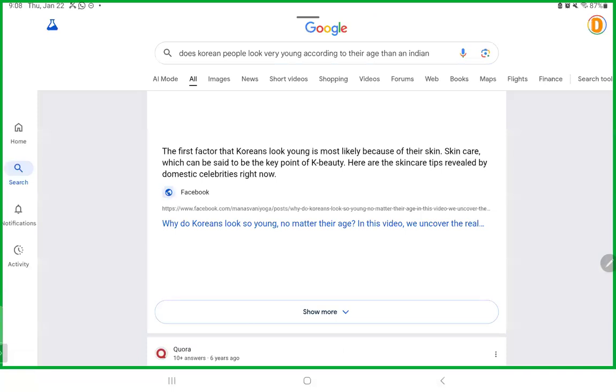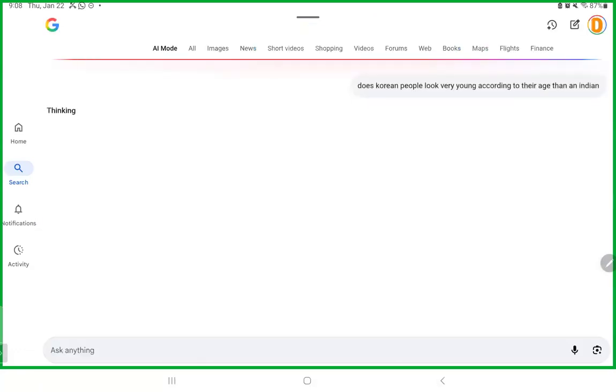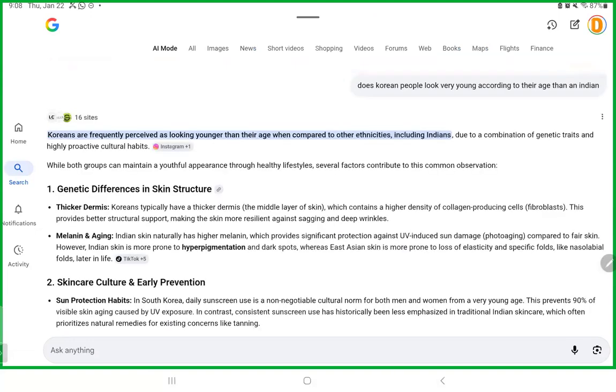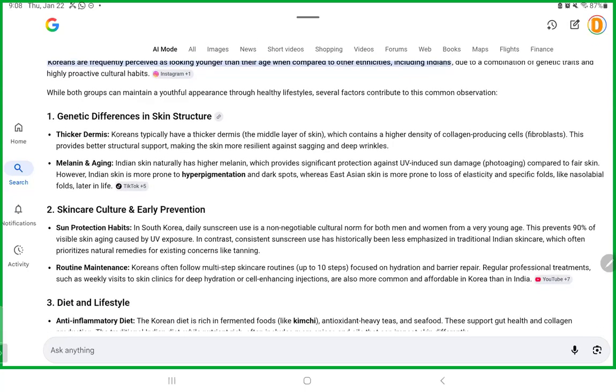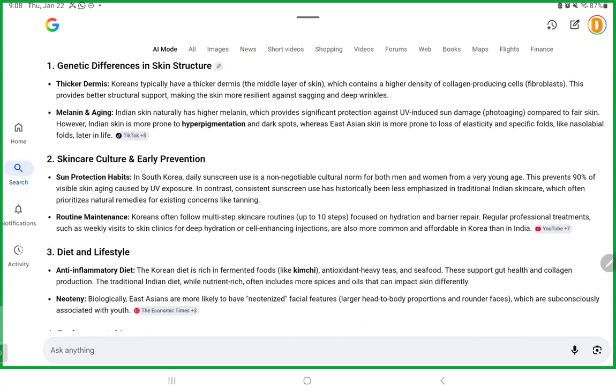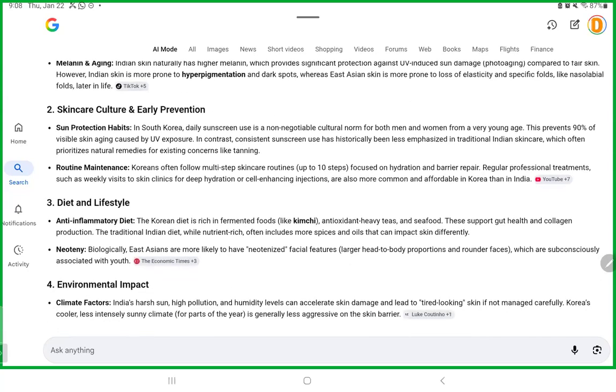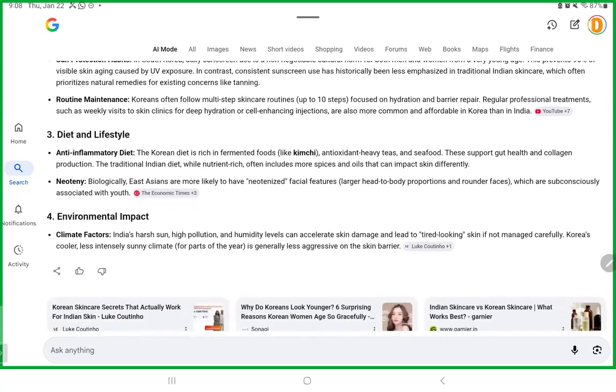Skincare, which can be said to be the key point of K-beauty. I've seen many people say Koreans are frequently perceived as looking younger than their age compared to other ethnicities, including Indian, due to a combination of genetic traits, highly proactive cultural habits, thicker dermis, melanin and aging, hyperpigmentation, skincare culture and early prevention, diet and lifestyle.